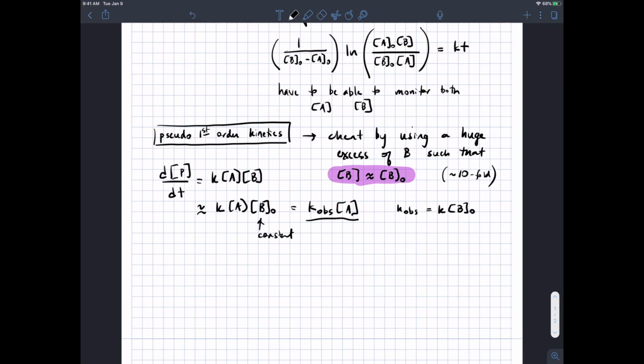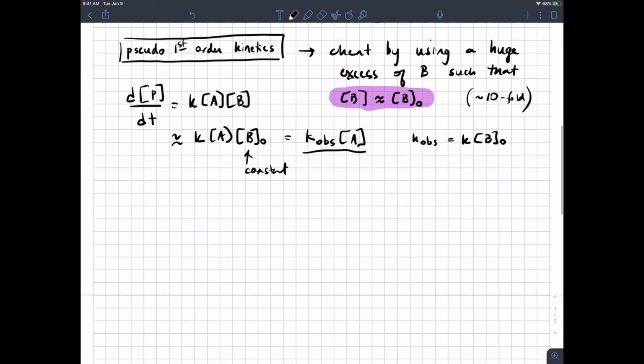So one of the interesting things you can do, if you want to now know about the order of the reaction in B, you could go back and swamp out the concentration of A and then make it pseudo first order in B. But alternatively, you can repeat this experiment at multiple concentrations of your starting B, okay?